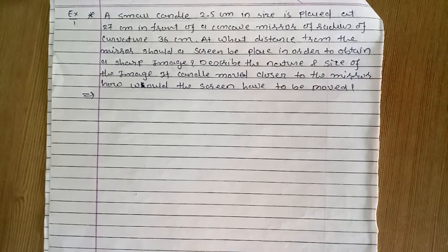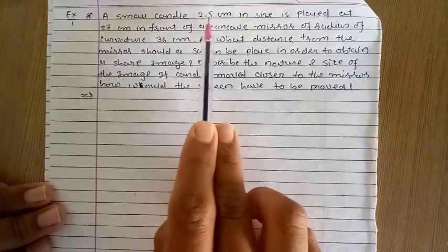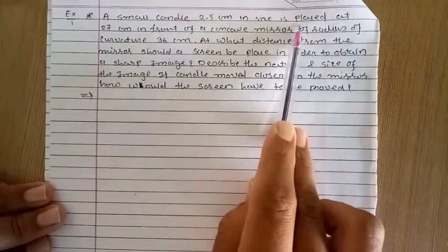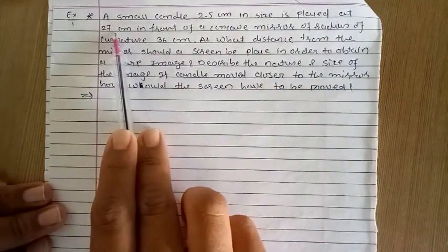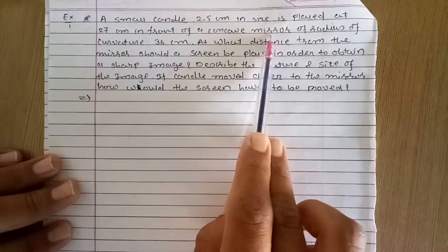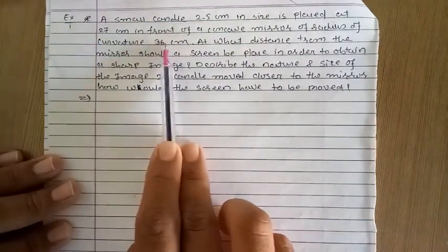Now related to this data, we discuss some examples. Our first example: a small candle 2.5 centimeter in size is placed at 27 centimeter in front of a concave mirror of radius of curvature 36 centimeter.